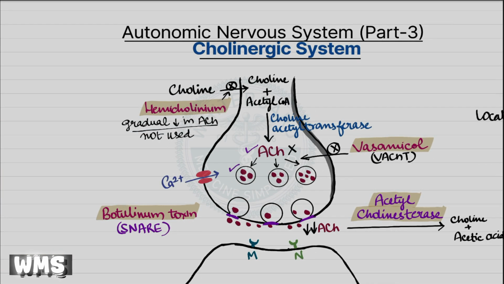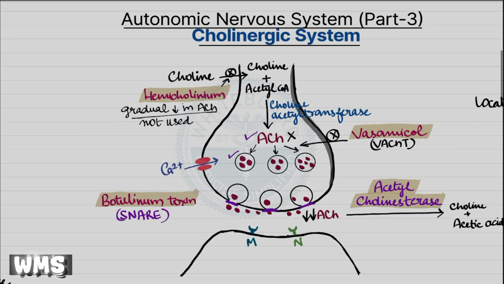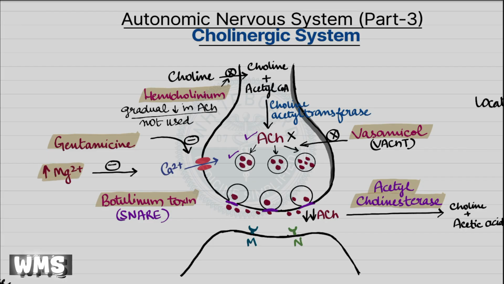After botulinum toxin, aminoglycoside antibiotics such as Gentamicin can also impair calcium-dependent acetylcholine release. Clinically, they can worsen neuromuscular weakness, especially in patients with myasthenia gravis. High levels of magnesium can also inhibit calcium entry into the nerve terminal. Magnesium acts as a calcium channel antagonist.